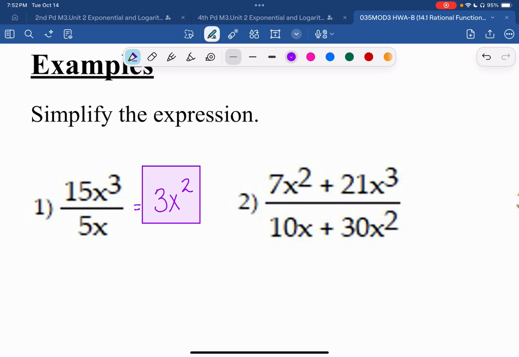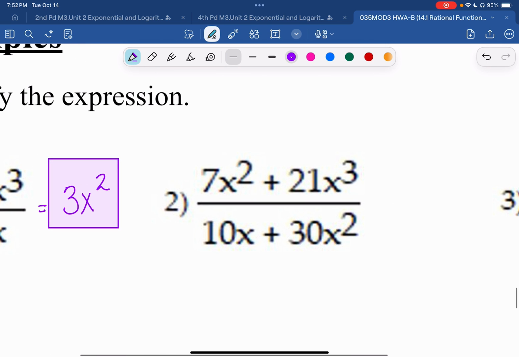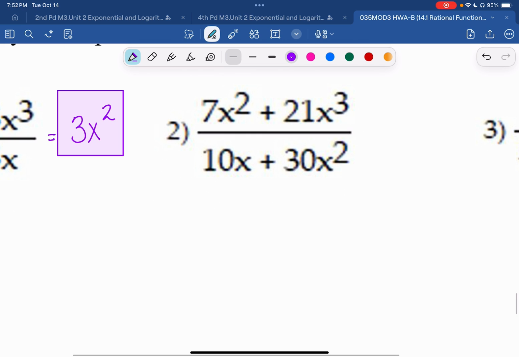So example 2, we're going to factor first. So I'm going to factor my numerator. And in my numerator, I can factor out a 7. I can also factor out an x squared. So that's my GCF. When I do that, it leaves me with 1 plus 3x.